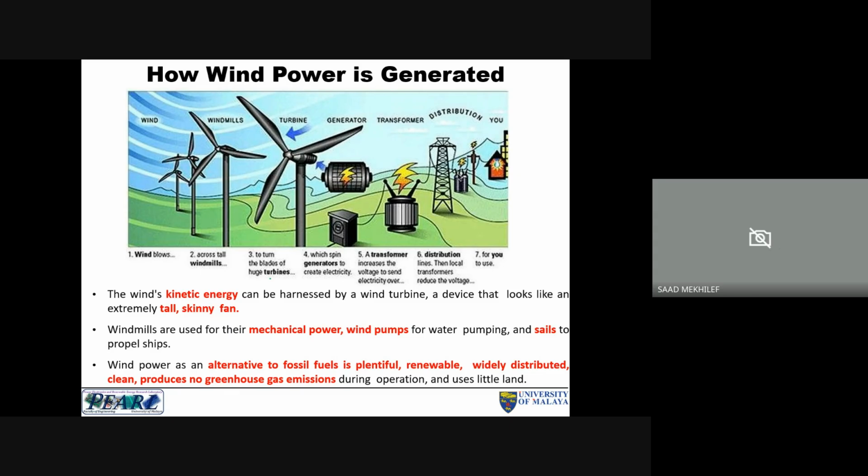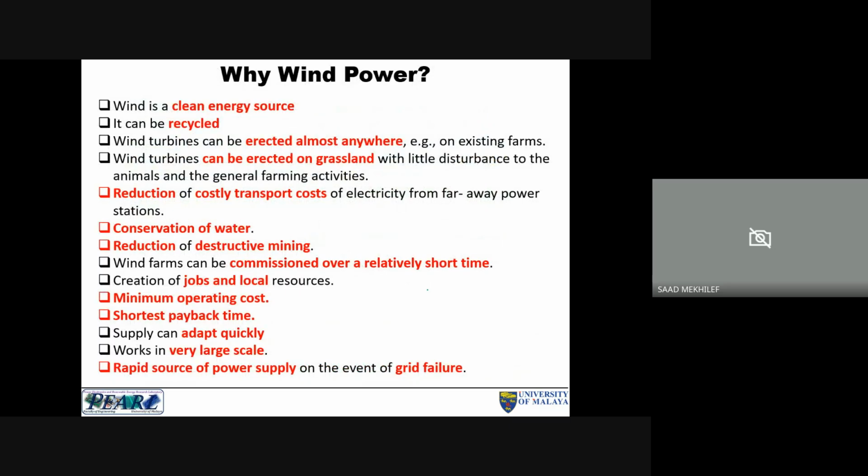Windmills are used for their mechanical power, and then it is converted from mechanical power to electrical power. So this is how it happens, and then it goes to transformers, to the distribution systems, and then to the utilities. So that's how it happens.